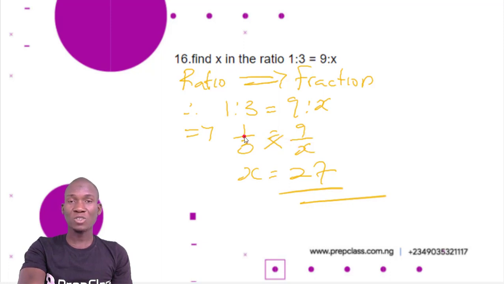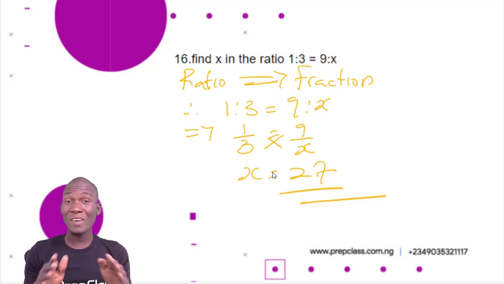Now we have a fraction equals fraction. What do we do here? We simply cross multiply, and when you cross multiply, the 3 will multiply 9 and x will multiply 1. So when 3 multiplies 9, we have 27, and when x multiplies 1, we get x, and we have x equals 27. So this means that from the ratio, the value of x equals 27.